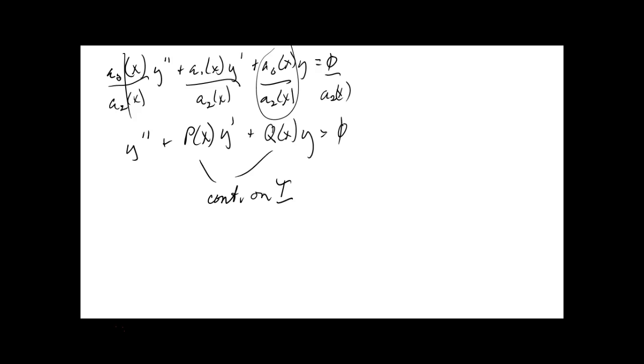So for them to be continuous on I, that means you're limiting yourself to segments of that domain where these are continuous. But that's all that's required. It's just continuous on some interval. Doesn't have to be everything, just some interval. So they're continuous on I.